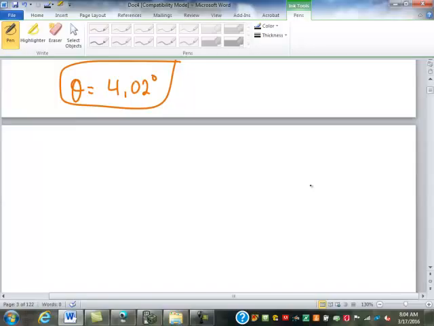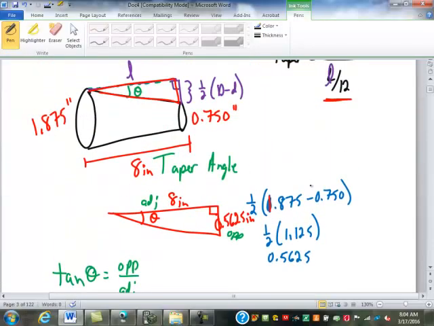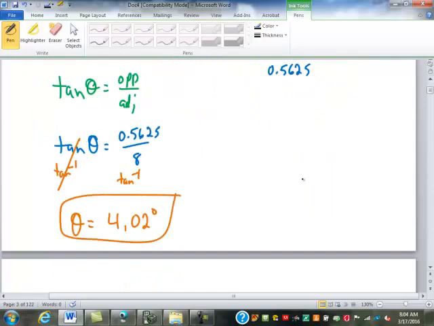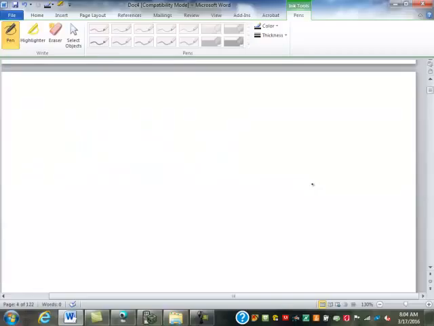Question. If you have a taper, like a large end and the smaller end, and the smaller end is off center, then that's not a true taper. Okay. A true taper has an axis. Then it gets a lot more complex too.